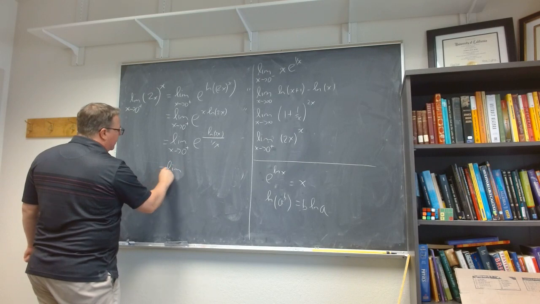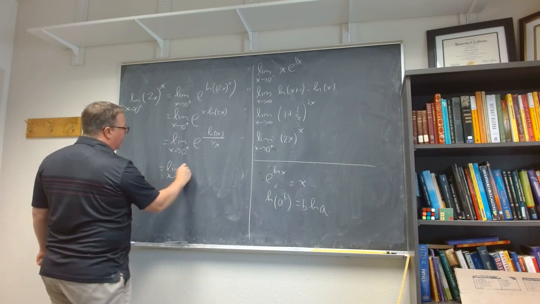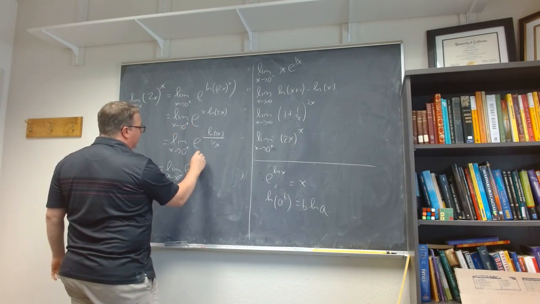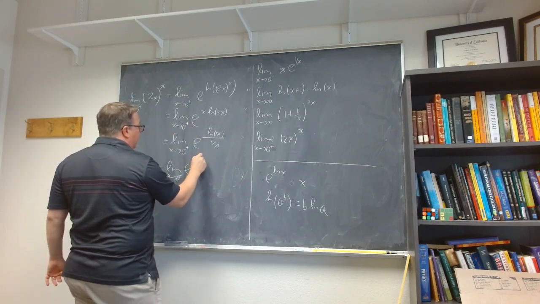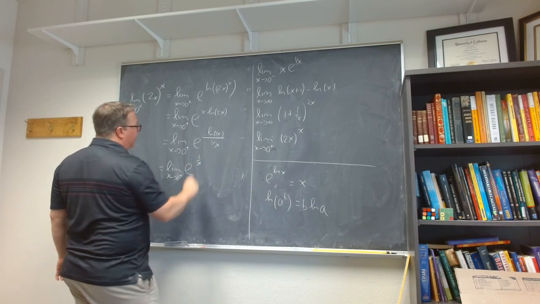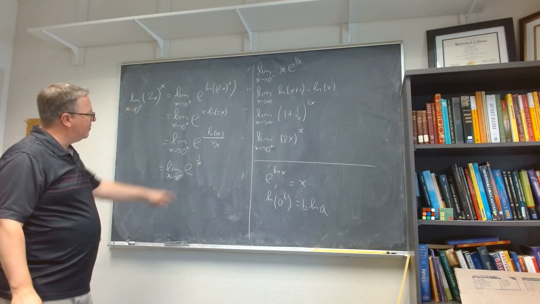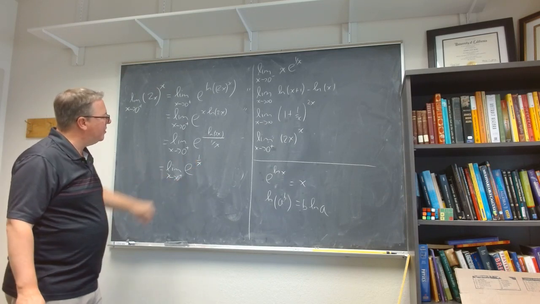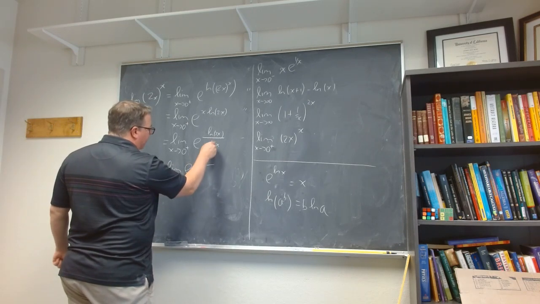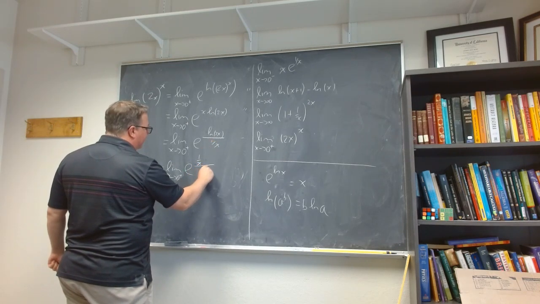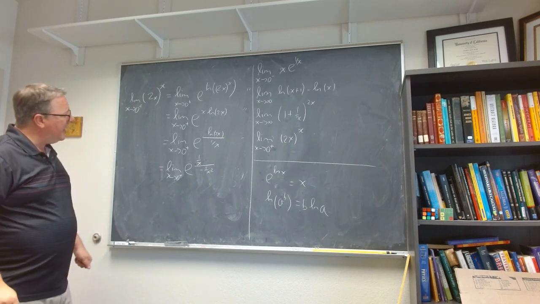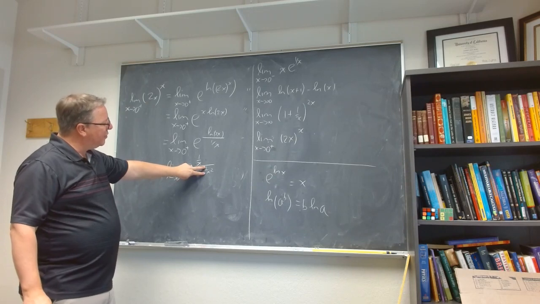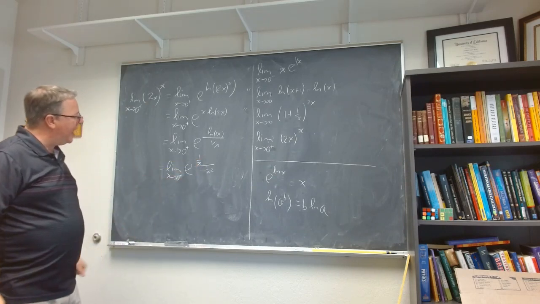This becomes the limit as x goes to 0 from the right of e to the, the derivative of the natural log of 2x is actually just 1 over x, because the 2 cancels with the 2 here. So we'd have a 2 that comes out front, but that cancels with the 2 on the bottom, so it just becomes 1 over x. And on the bottom, the derivative of 1 over x is negative 1 over x squared. This is very similar to one of the first ones we did. The negative 1 over x squared flips, and so we're multiplying by x squared.